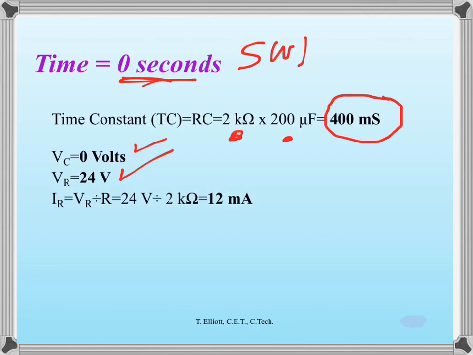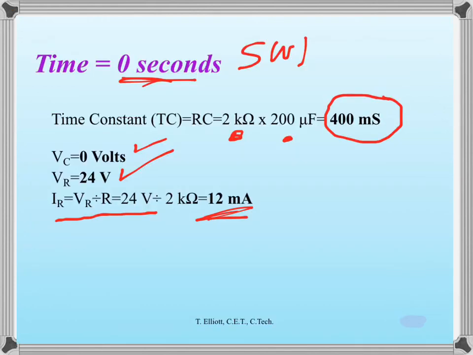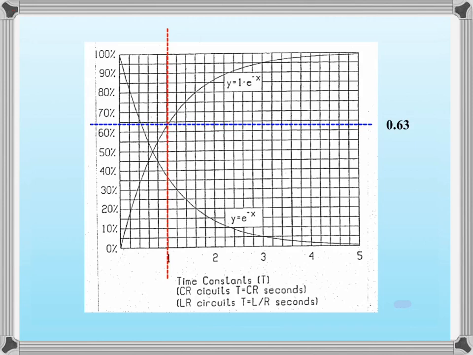So we have 24 volts on the resistor, and the current through the resistor, simply by Ohm's law, is VR divided by R, which is 12 milliamps. This is the maximum current at the instant we close the switch to start to charge. So that 12 milliamps is going to occur right there.